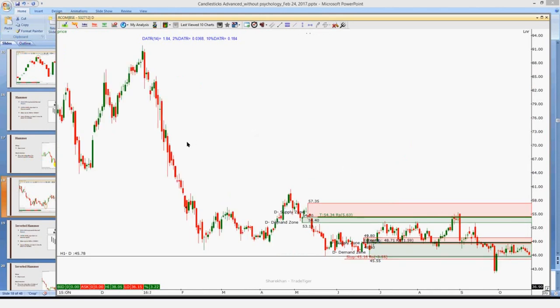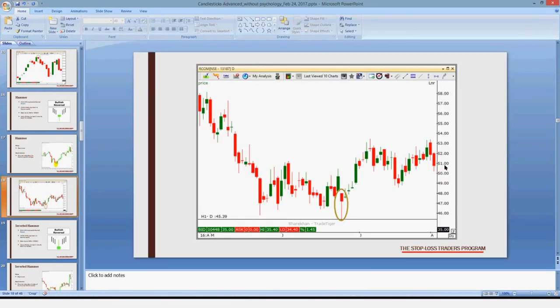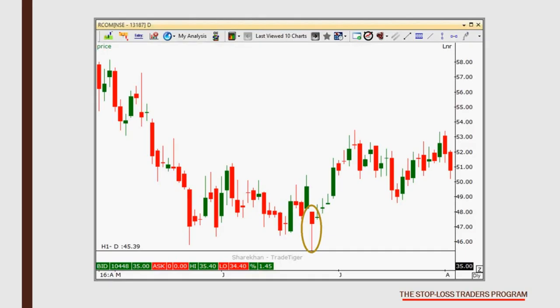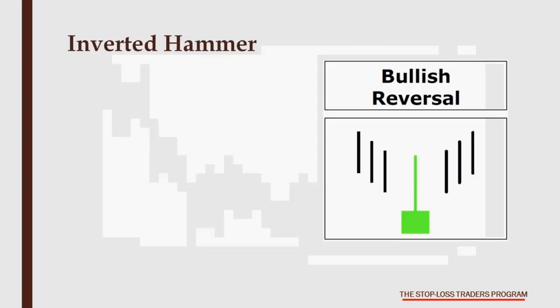Okay, now coming on to the next slide, next pattern. That is the inverted hammer. This is just similar to the structure of the shooting star, but again, shooting star was a bearish reversal. This is a bullish reversal, right?